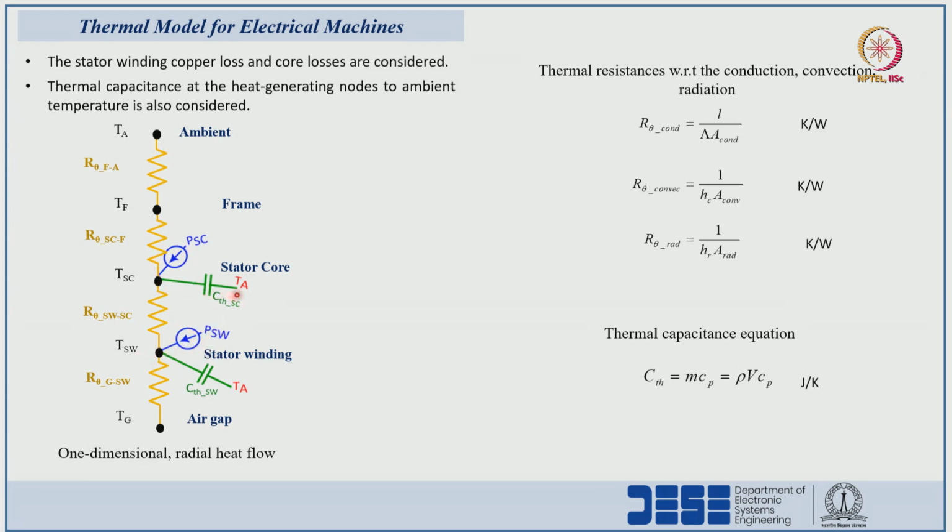The thermal capacitances represent the heat energy stored: the one from the stator core node to the ambient node is CTH SC, and the thermal capacitance from the stator winding node to ambient is CTH SW. These thermal resistances and capacitances we have to calculate.